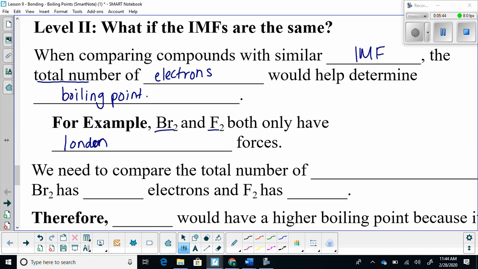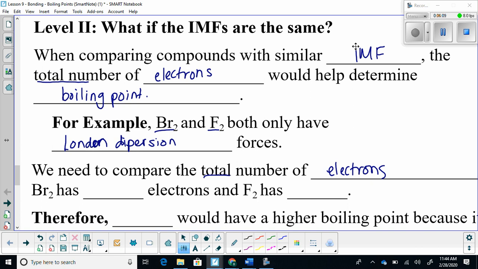London dispersion forces, okay? We need to compare the total number of electrons. Again, emphasis on the total there. Okay, who can tell me how many total electrons bromine has?